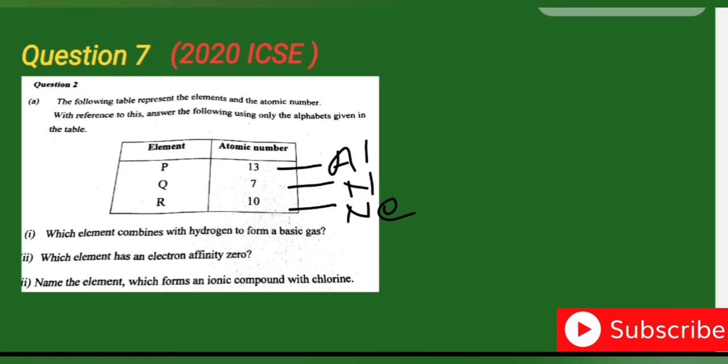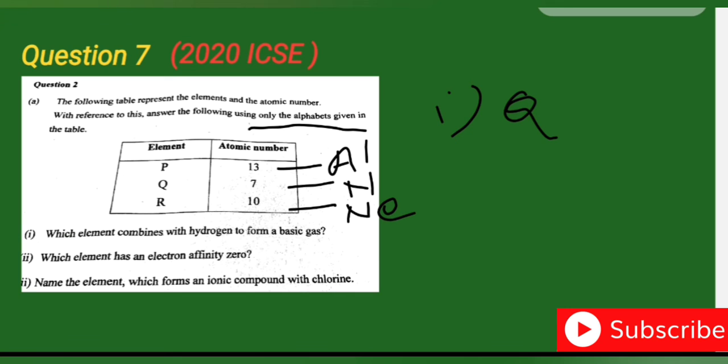But children, while writing the answer, please do not write aluminium, nitrogen and neon, because it is instructed to use only the alphabet to give the answer. Which element combines with hydrogen to form the basic gas? So it is nitrogen only. So what should be your answer? Your answer is the alphabet Q.